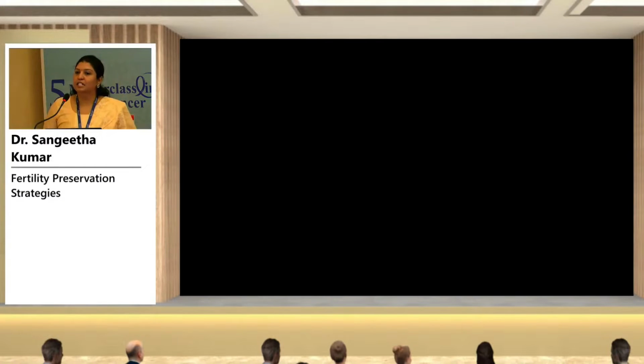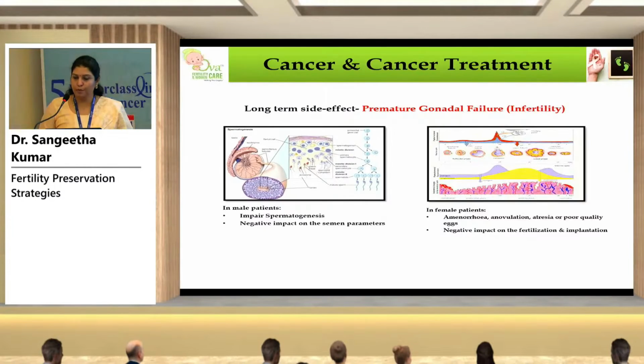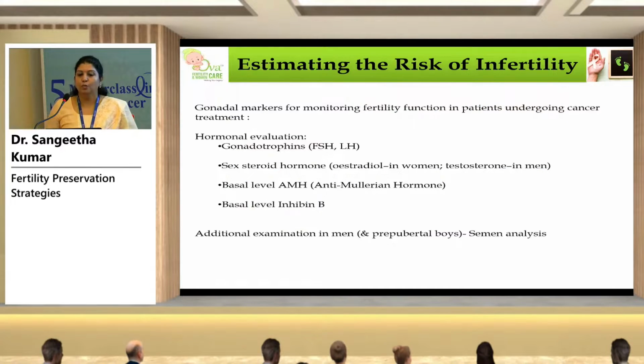It can result in transient oligospermia, transient azoospermia, or it can cause irreversible azoospermia. Whereas in female, it can lead to amenorrhea, anovulation, atresia, or poor quality eggs, resulting in a negative impact on the fertilization and implantation. So before the cancer treatment, it is important to estimate the risk of fertility.